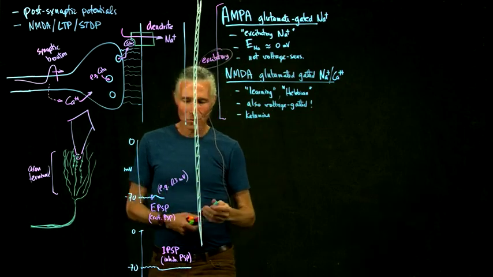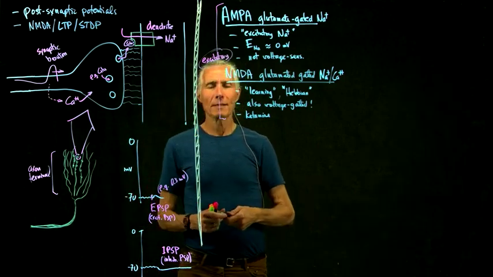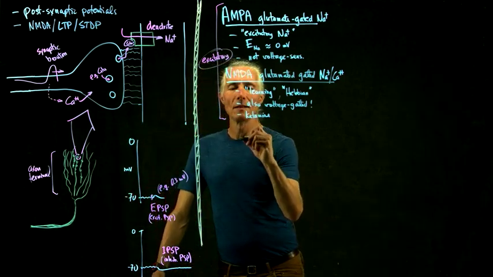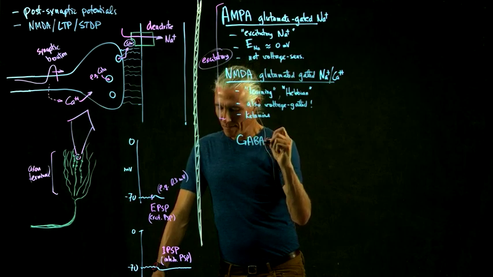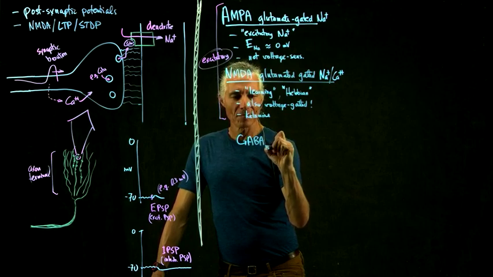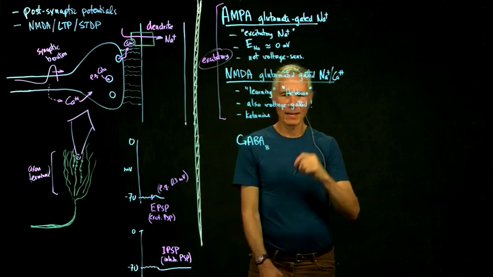And then we have two biggies for inhibitory. The first one is called the GABAb channel. This is often written like that.